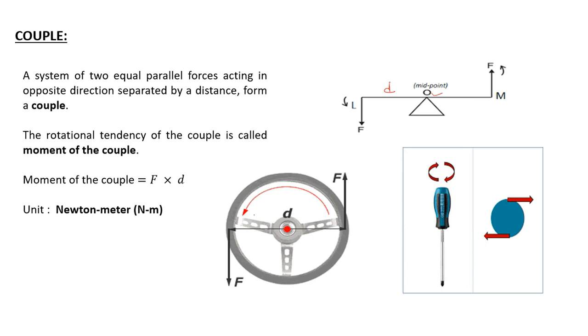Also, when we loosen or tighten a screw, we use a screwdriver and rotate it, applying forces on the head of the screw, one in this direction and one in this direction. These two forces must be equal and separated by a distance d. So this arrangement also forms a couple.